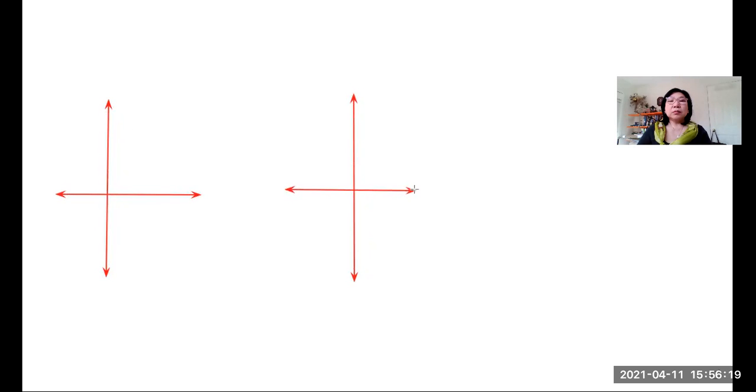So I draw. Okay, so let's see. If I have a function that looks something like this, is that a polynomial function? Yes, right?